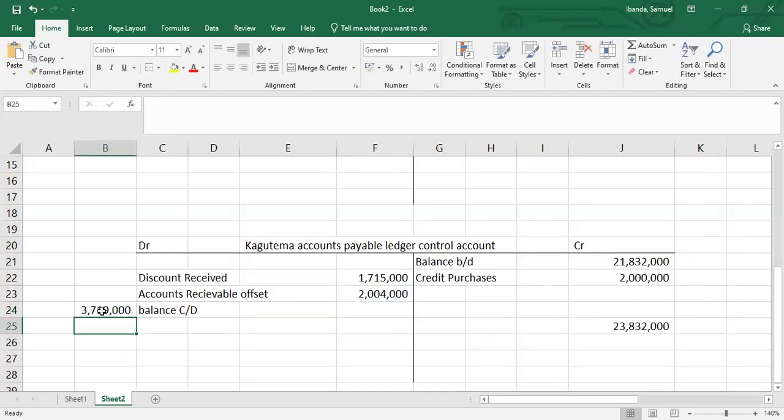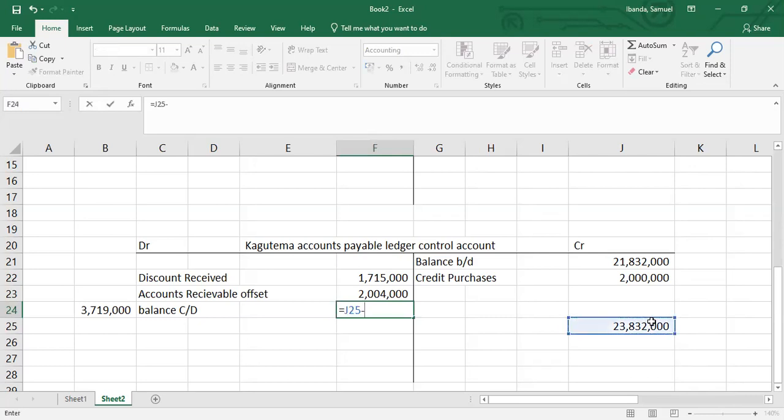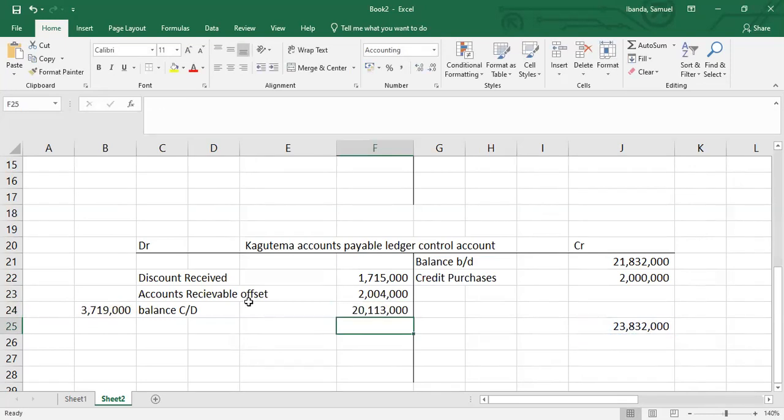This is 3,719. So this will be that minus that. So this is a balance carried down, okay? And once we have a balance down, this total should also be the same thing. This is what I wanted to take into consideration.